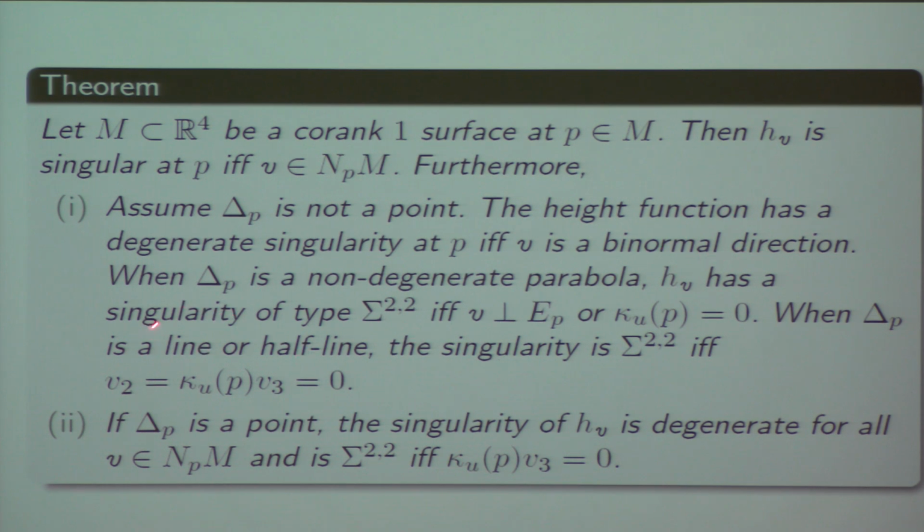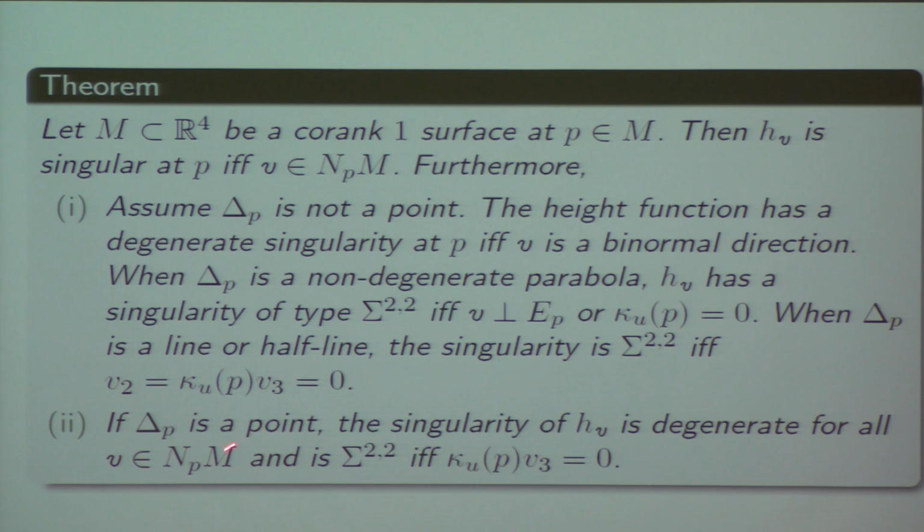And when delta p is a non-degenerate parabola, the height function has a singularity of type sigma 2 if and only if the vector v is orthogonal to EP or the umbilic curvature is 0. Also, when delta p is a line or a half line, the singularity is of type sigma 2 if and only if this condition holds.